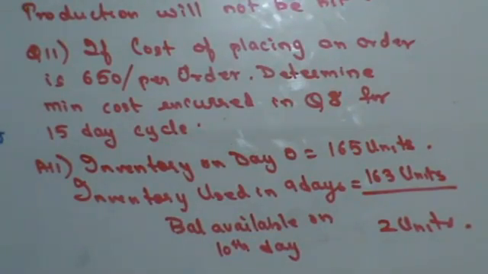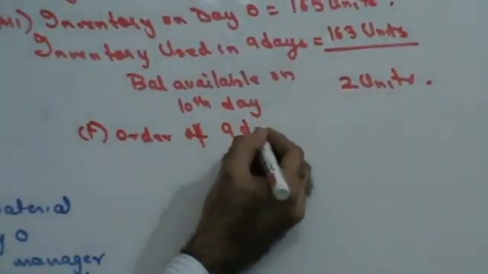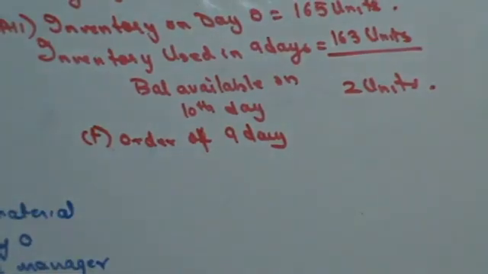That means on the 9th day I will place an order so that I can do my production on 10th day. If I place an order on 9th morning, I'll get my delivery on 10th morning and I'll be able to do the production. So, plus order placed on 9th day. How much order will I place?